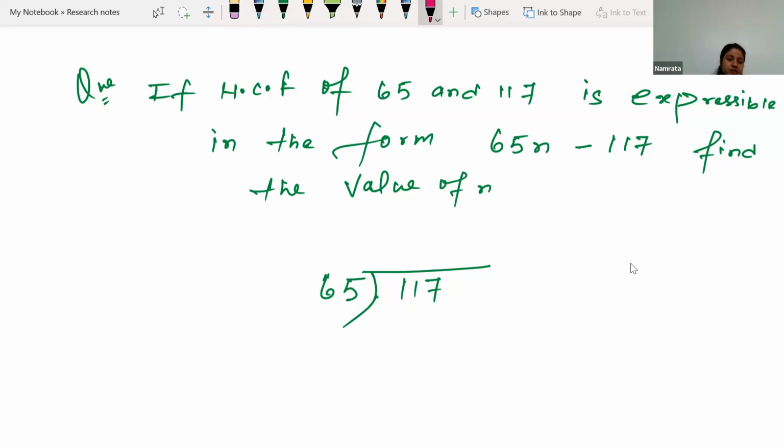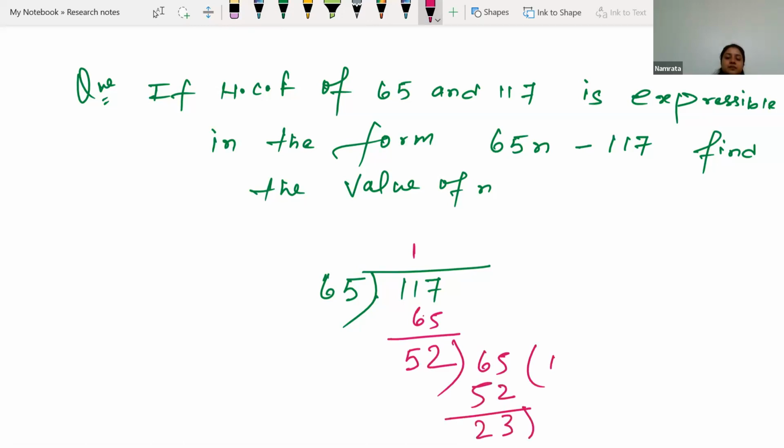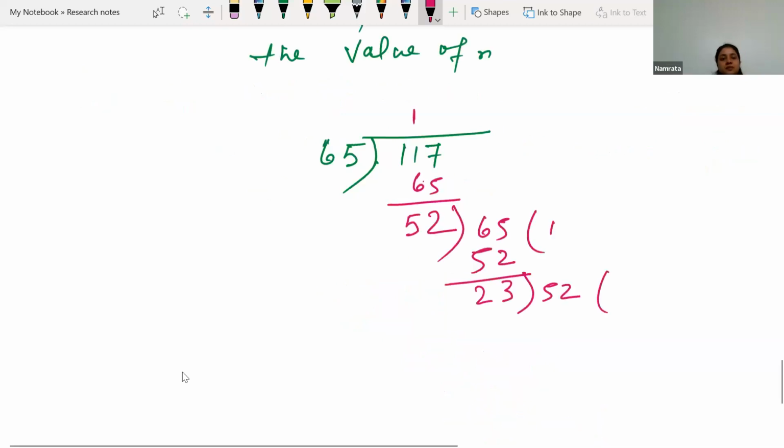Yes. It will go just once, right? One time. One time again. Then again one time. Is it so?